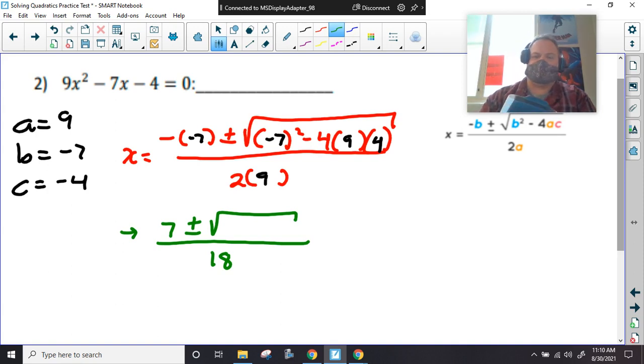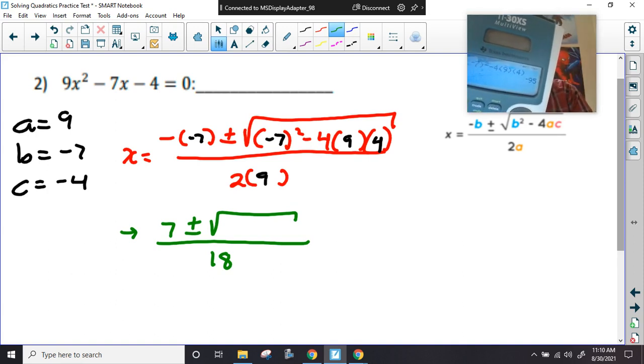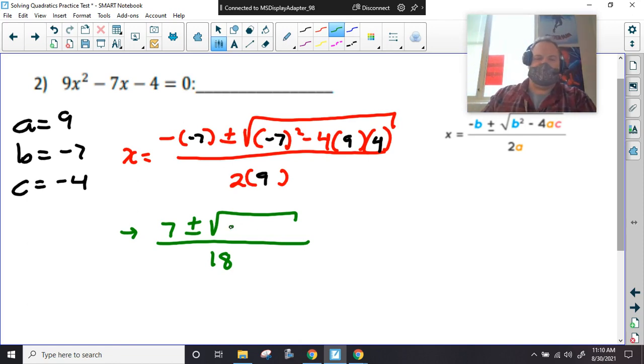All right. I get negative 95. Okay. Now, we learned about this last week or so. That if we take the square root of a negative, we know it's going to have what letter in the answer?